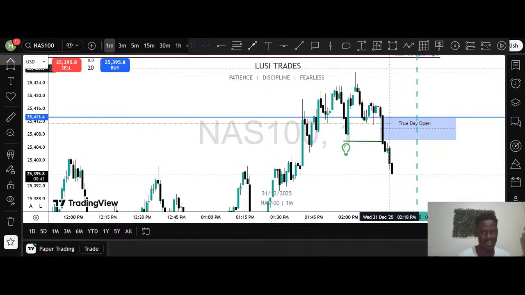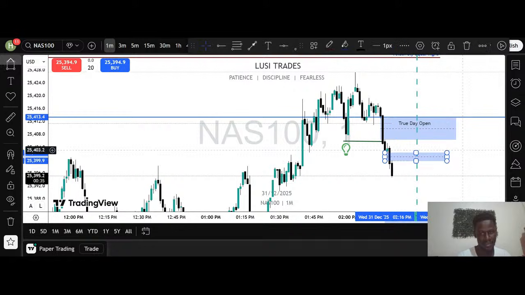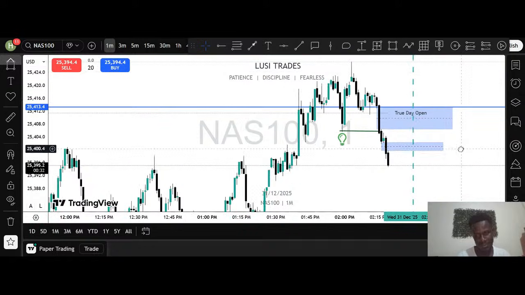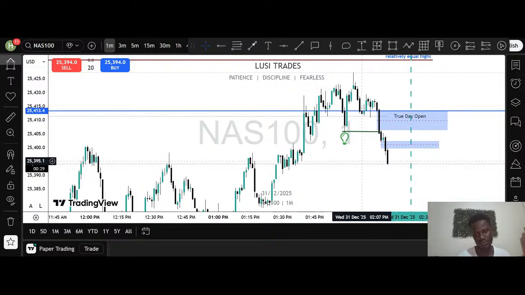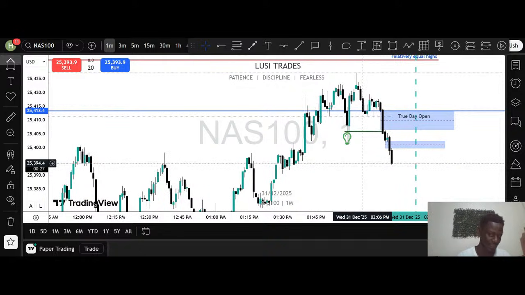So right now, again, it's giving me another fair value gap here, another fair value gap here. So most of the time, it's not like price is going to come to you, okay?